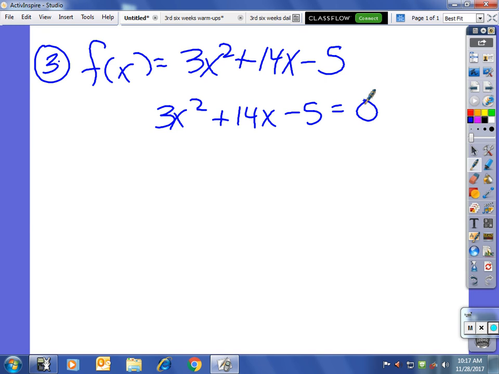And now how do I find the zeros? Factor it. And the first step of factoring is to ask yourself if there's a GCF. And if there's not, which there isn't, you just start guessing and checking until you find the right factors.